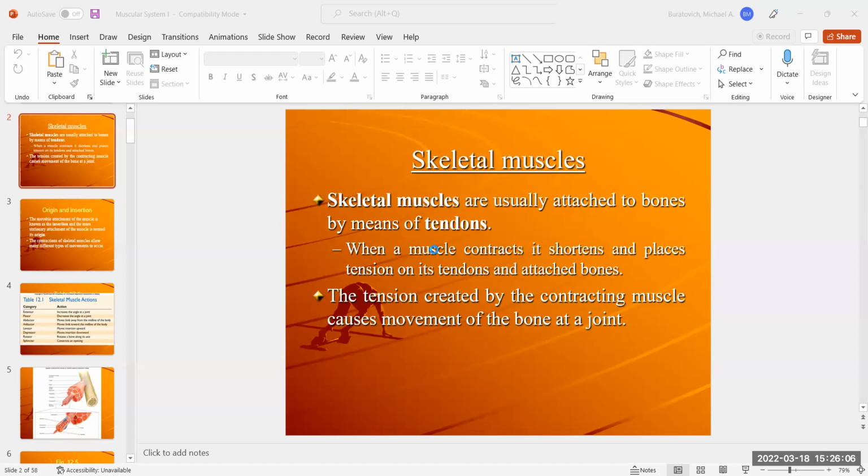So let's take a look at the so-called sliding filament theory of contraction. This is called a theory, but the evidence for it is really good. When we say theory, we don't mean, oh, I have a theory of who killed Kennedy.